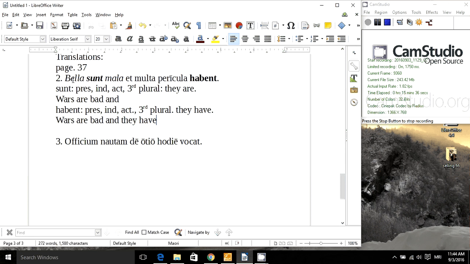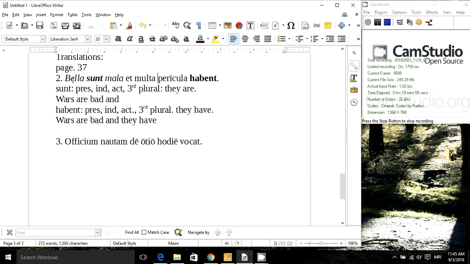Now I should look again to see if there's a new nominative on this side of the word to be the subject of habent. And there might be, right? Multa pericula. That's neuter nominative plural. It could be. So this could be wars are bad and many dangers. Periculum is danger. And many dangers have.